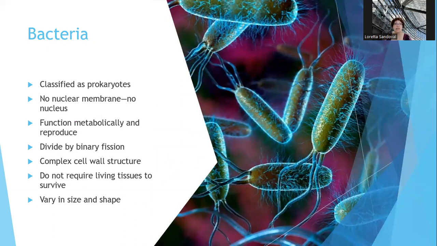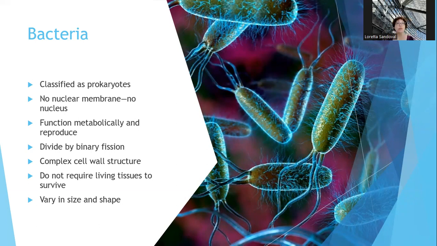So bacteria are part of our normal flora, and they can also be pathogenic disease-causing organisms. They're classified as prokaryotes, which, if you recall from biology, don't have a nucleus in their cell. They're single-celled organisms, and their DNA is just floating around in the cytoplasm. Eukaryotes, which we are, have cells with nuclei, and our DNA is contained within the nucleus.